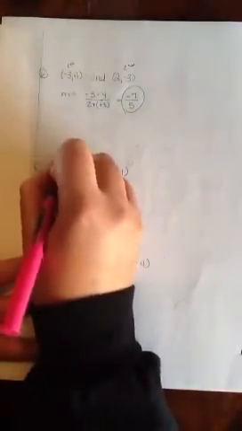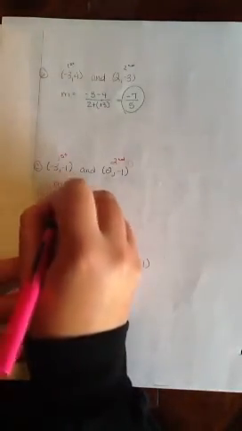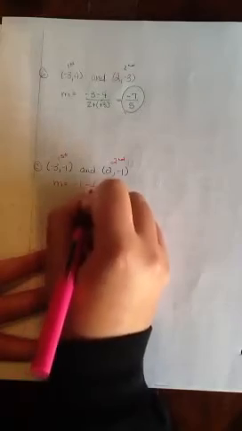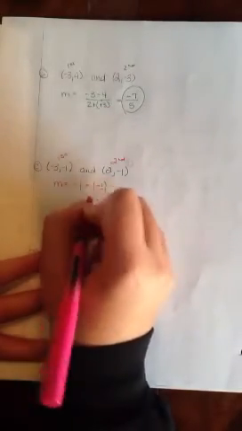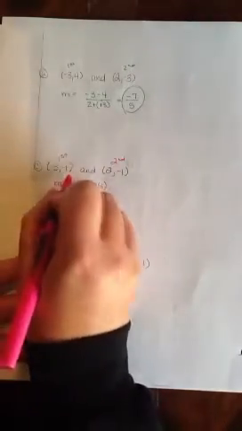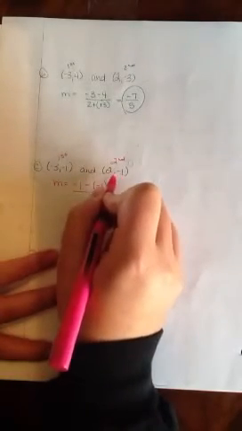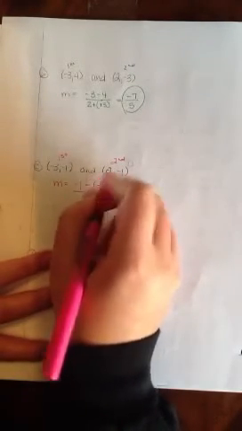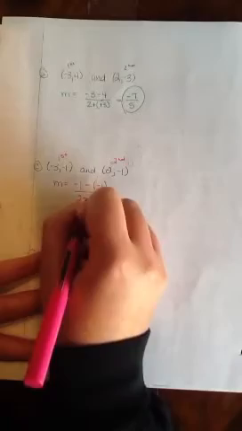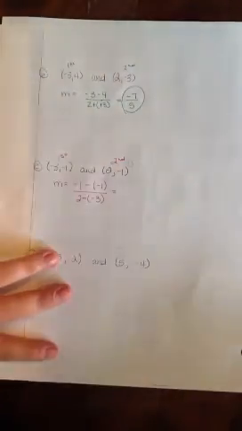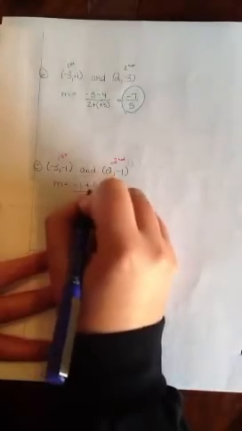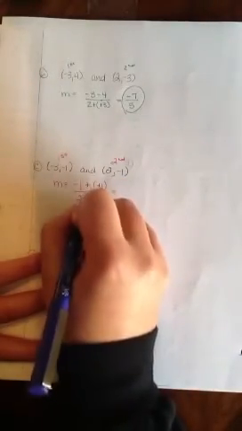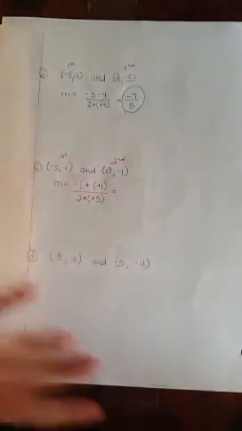Okay, let's take a look at the second one. This is my first point, my second point. I have m equals -1 minus a -1 over, now these were the same. I'm still going to list my x2 first. I'm going to say 2 minus a -3 equals, now if you're subtracting a negative, it's the same thing as adding a positive. That happens in both the numerator and the denominator in this case.